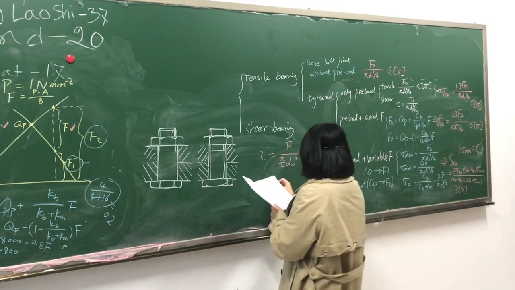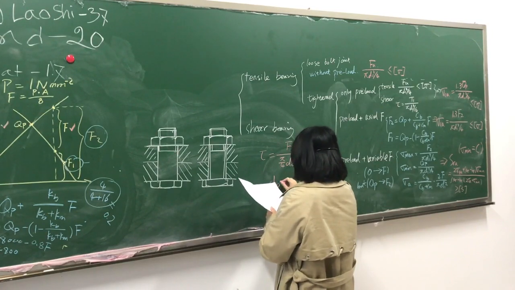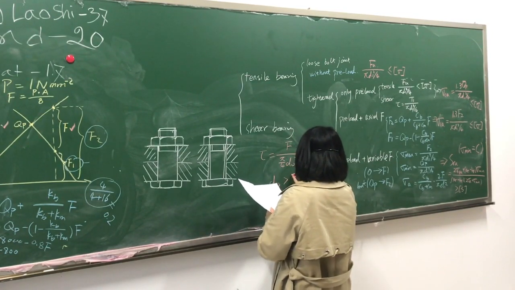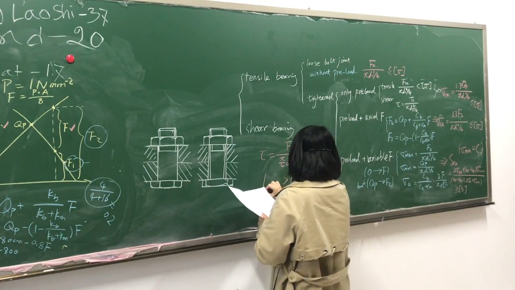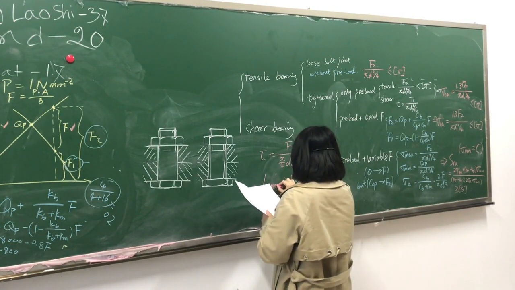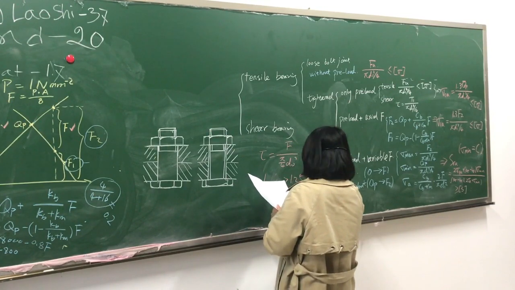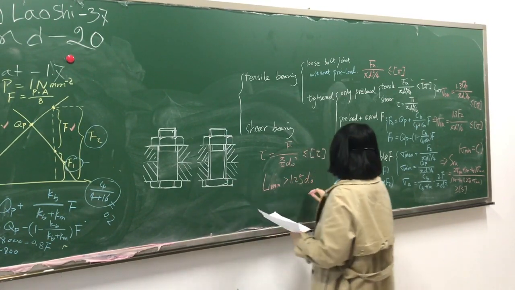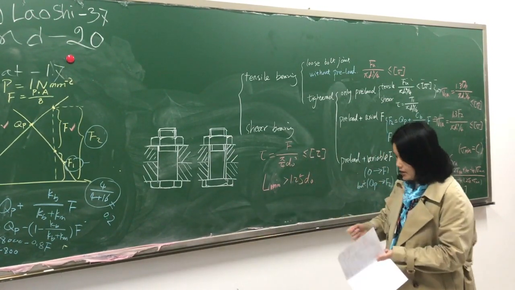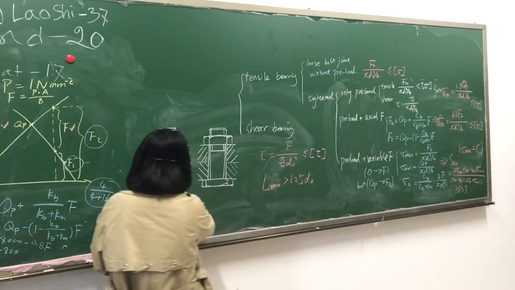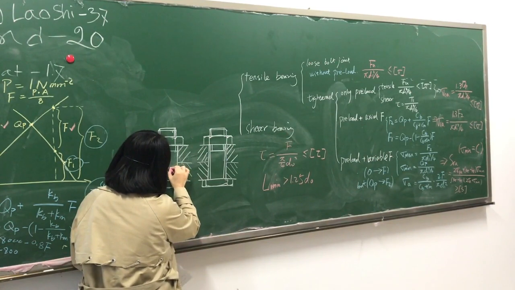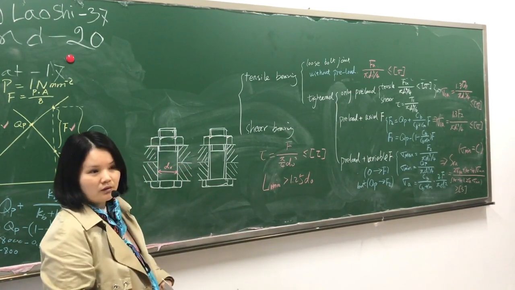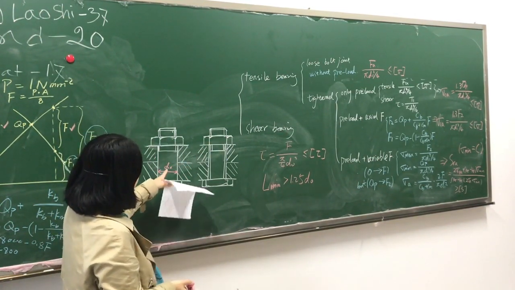It should be less than 1.5 F over L min D0. D0 is the diameter of the hole.